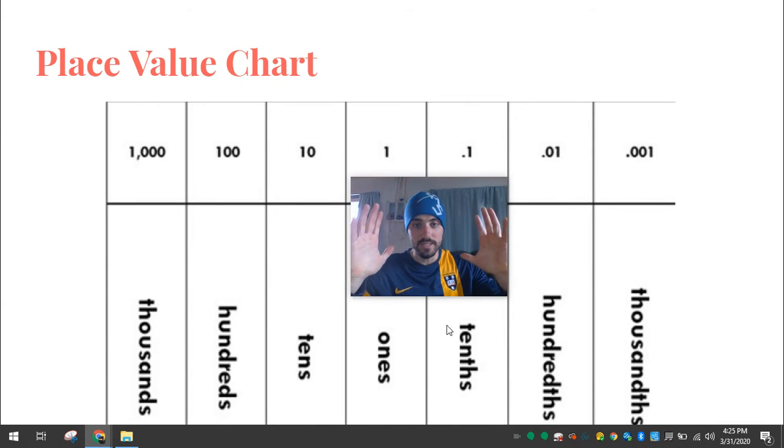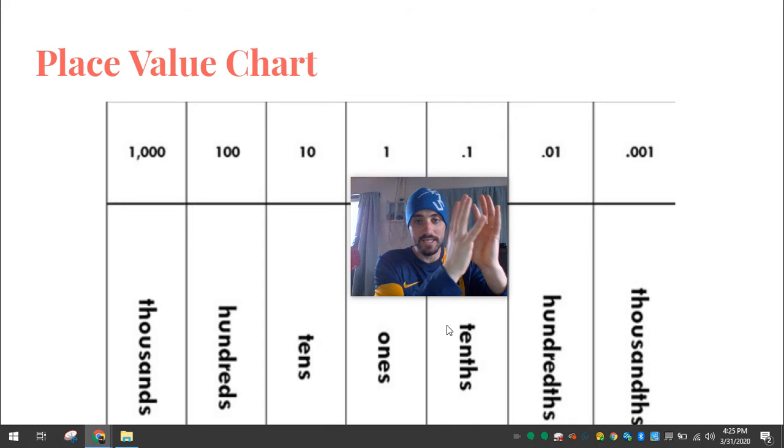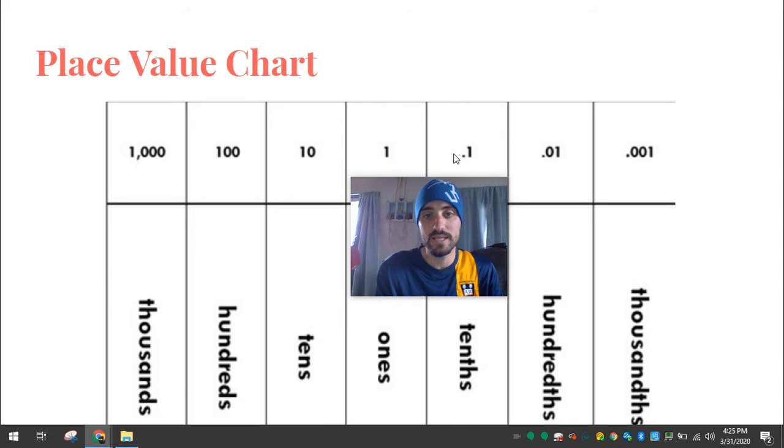I separate. Things over here are a whole thing. Things to the right of the decimal, less than a whole thing. Directly next to the decimal is 1/10, a slice of the pizza, 1/100th, an even smaller slice, and 1,000th, an even smaller, tiny, tiny slice.